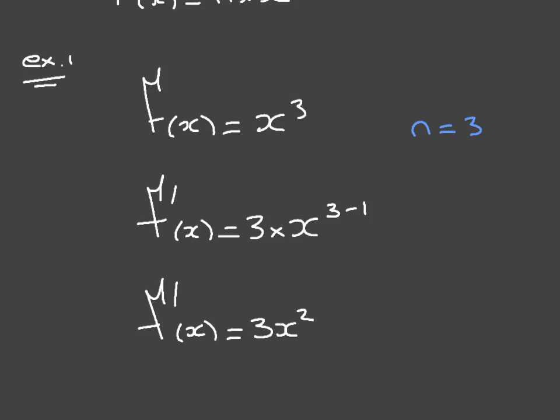Let's look at another example. Let's say we're given the function f of x equals x to the power of 7. Well, again, if we're asked to differentiate this function, we can see that this function is simply a power of x, namely x to the power of 7.